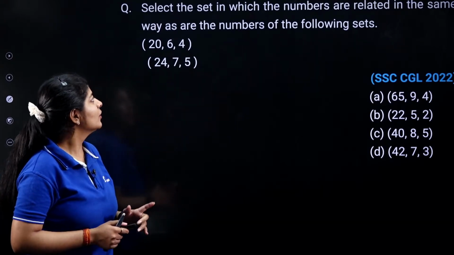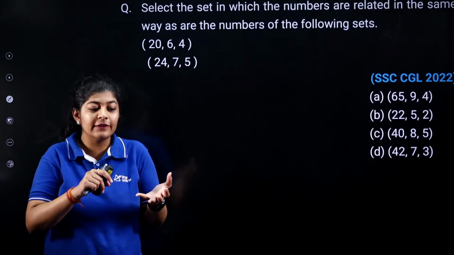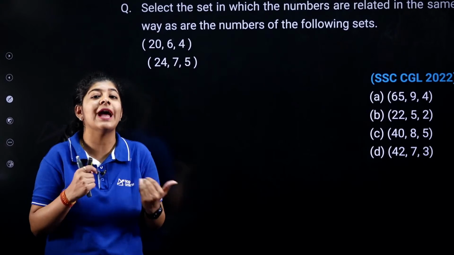26, 4, 24, 7, 5. How are we getting this number? If we want to build such a number, what do we have to do?